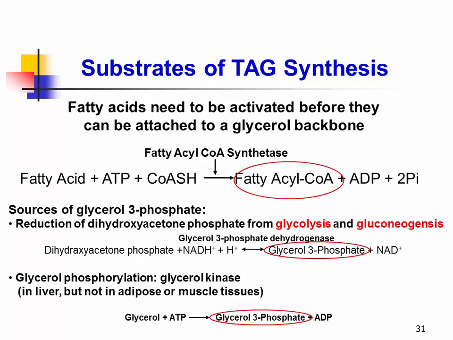So if we think about the different tissues, in the adipose tissue, the glycolysis pathway is the main pathway that generates glycerol 3-phosphate from glucose. And in the liver, glycerol 3-phosphate can be generated by two pathways: one is glycolysis, and two is direct phosphorylation of glycerol by glycerol kinase.